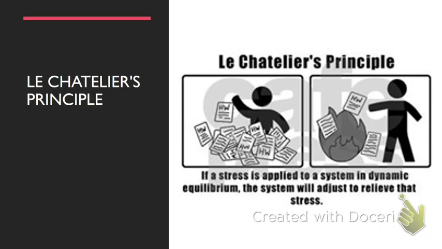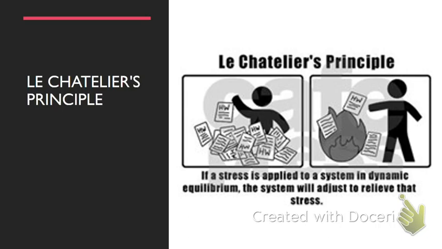Okay? So Le Chatelier basically states this. A system at equilibrium, which is dynamic equilibrium, will adjust to relieve any stress that's applied to the system and reestablish equilibrium. So, for instance, if I had equilibrium established and I add some more reactants to it, it's going to shift and reestablish that equilibrium.